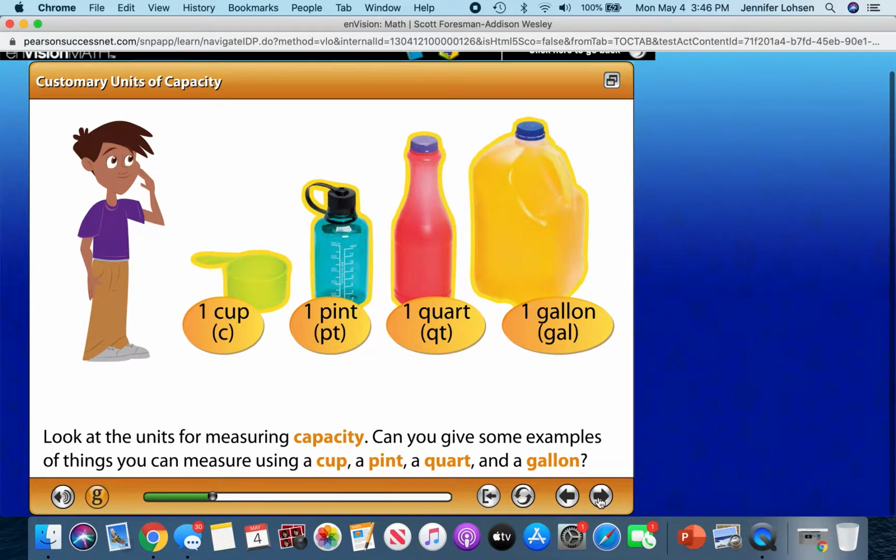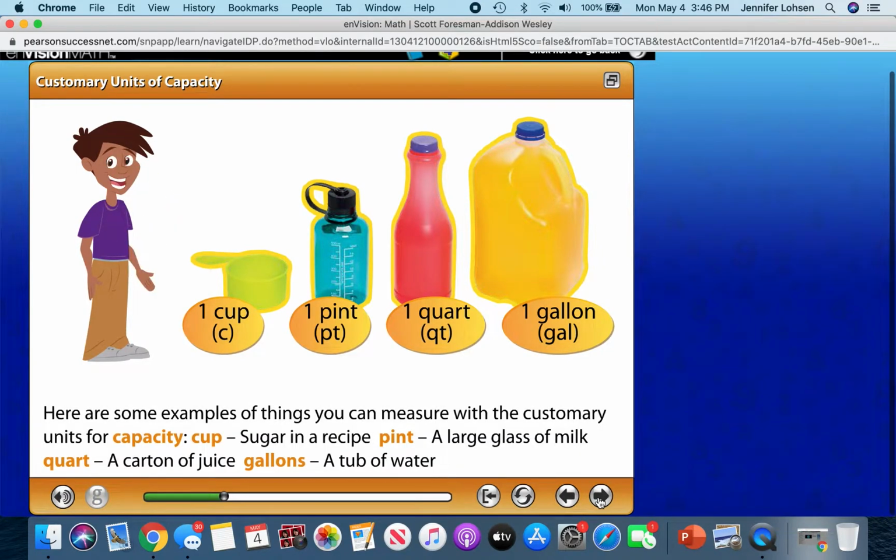Now remember, when we're talking about something that's appropriate, we want to go with a smaller unit to be able to figure out what that capacity or that volume is. So if I'm talking about a regular coffee mug, I would want to measure that with fluid ounces, not cups.